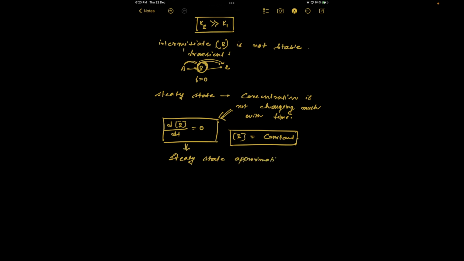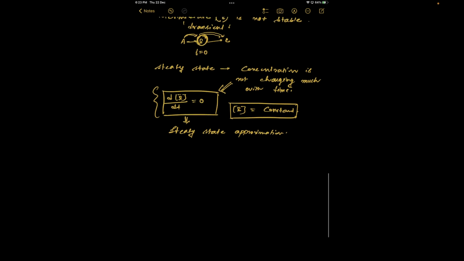For any transient intermediate, that means when the lifetime of the intermediate is very small, we can apply this steady state approximation, and by applying it we can get a proper rate equation for a more complex type of reaction, right?